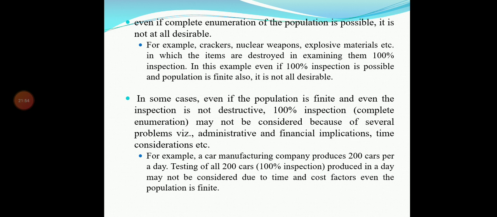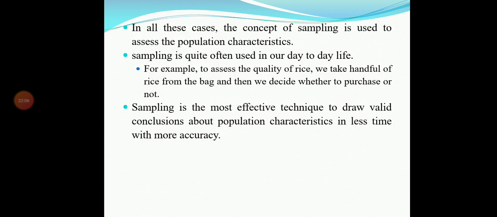So sampling is the one and only option in these special situations. If you conclude, in all these cases the concept of sampling is used to assess the population characteristics. To assess the population characteristics, sampling is one of the best options in these cases.